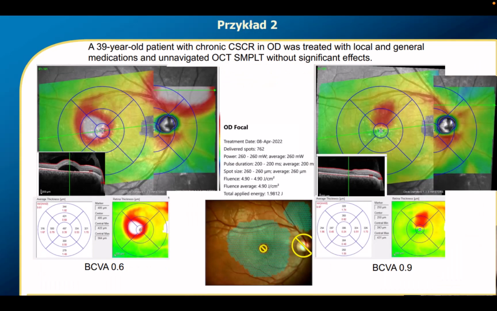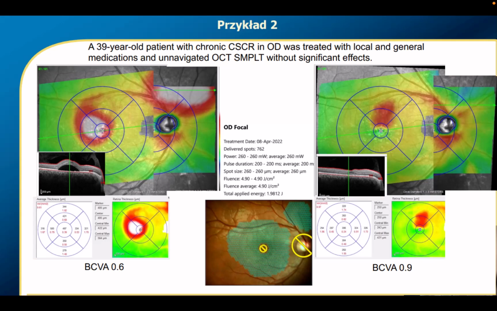The second case presents a 39-year-old male with chronic central serous chorioretinopathy in the right eye, who was treated with local and general medications and navigated OCT microsecond pulse laser therapy without significant effects.